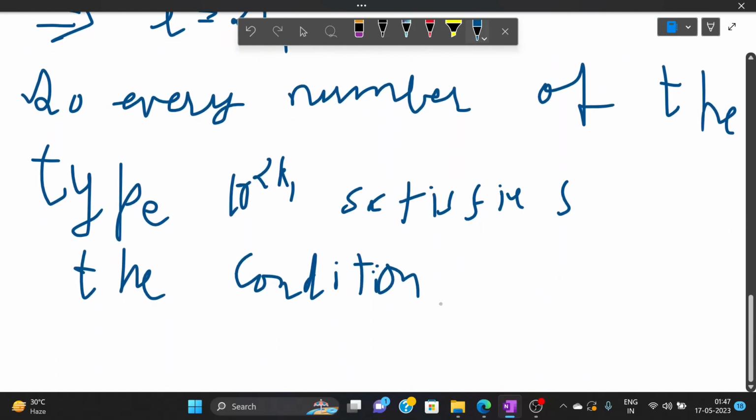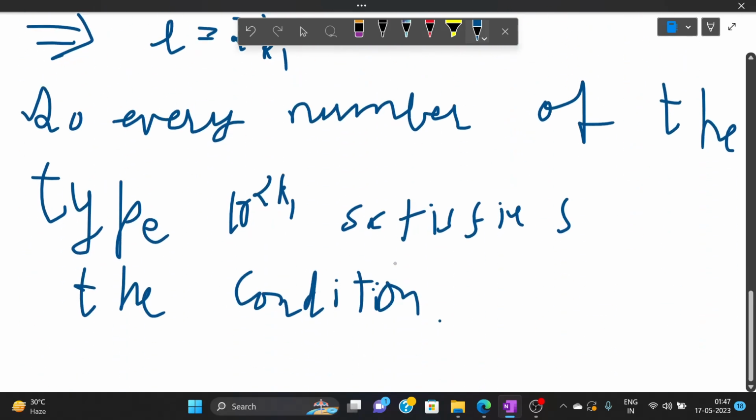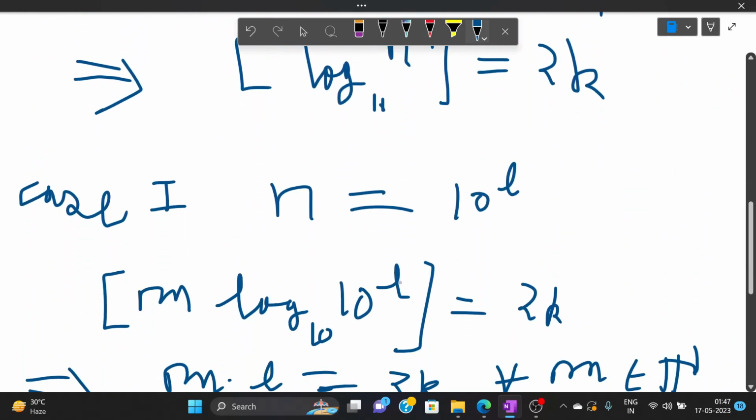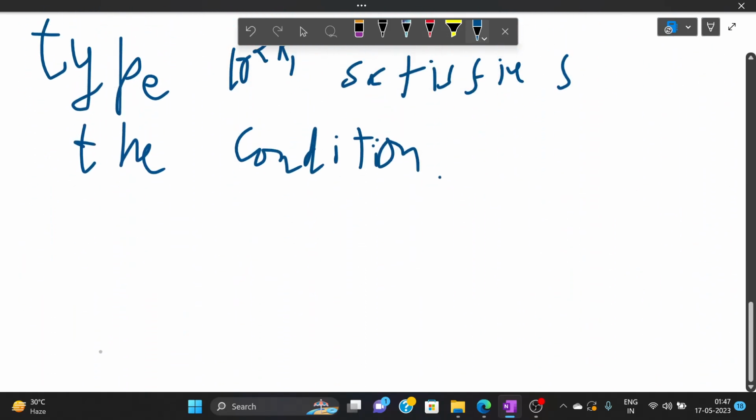Okay, so this was for the part where n is of the type 10 to the power L. Now we will consider case 2, when n is not of the type 10 to the power of L.